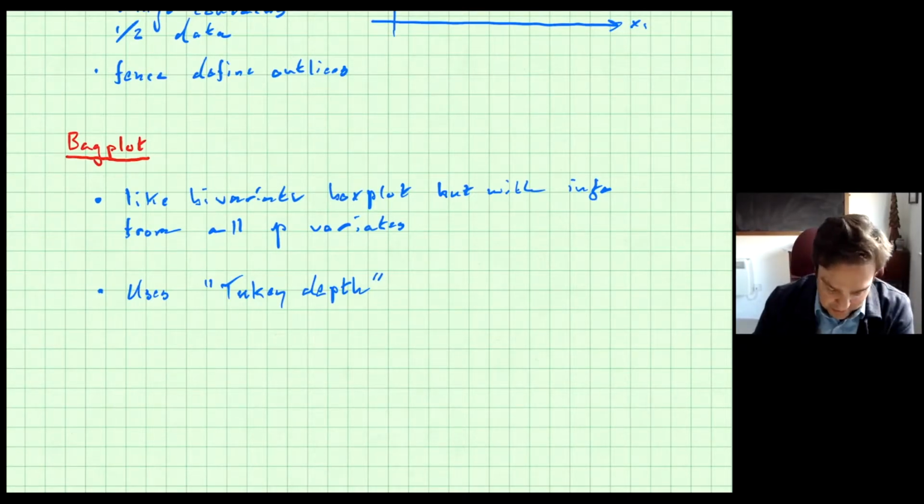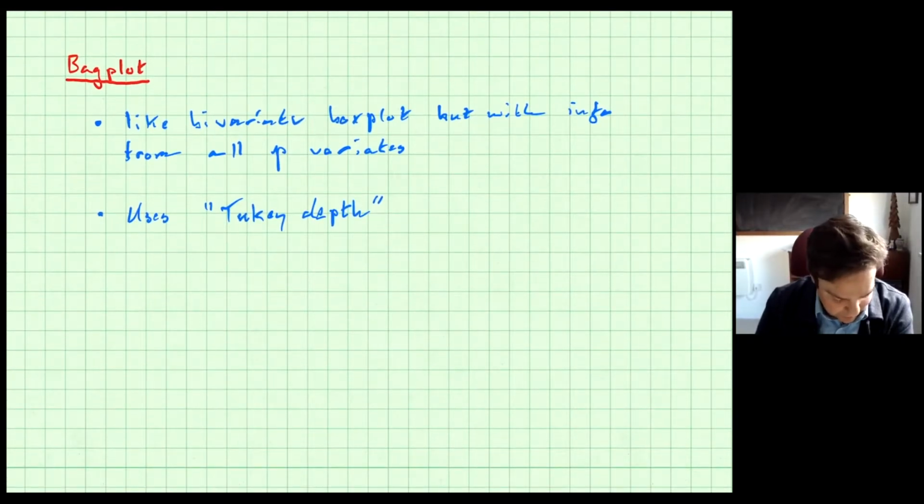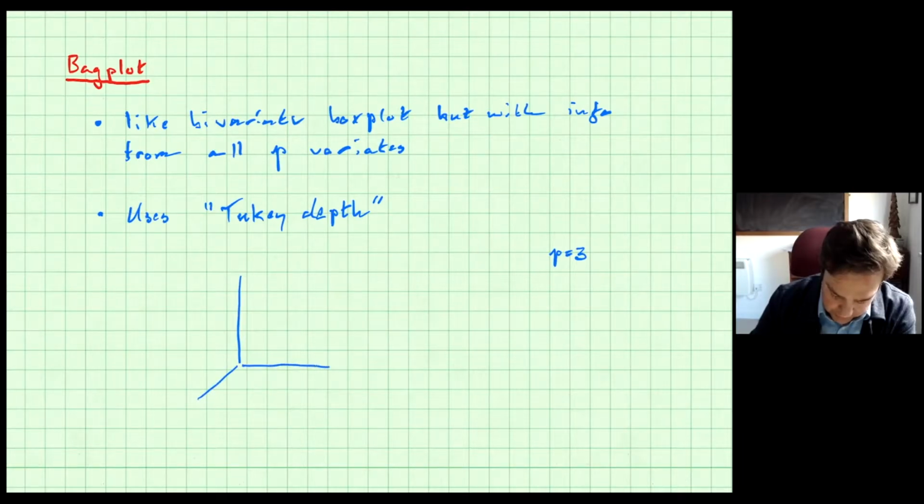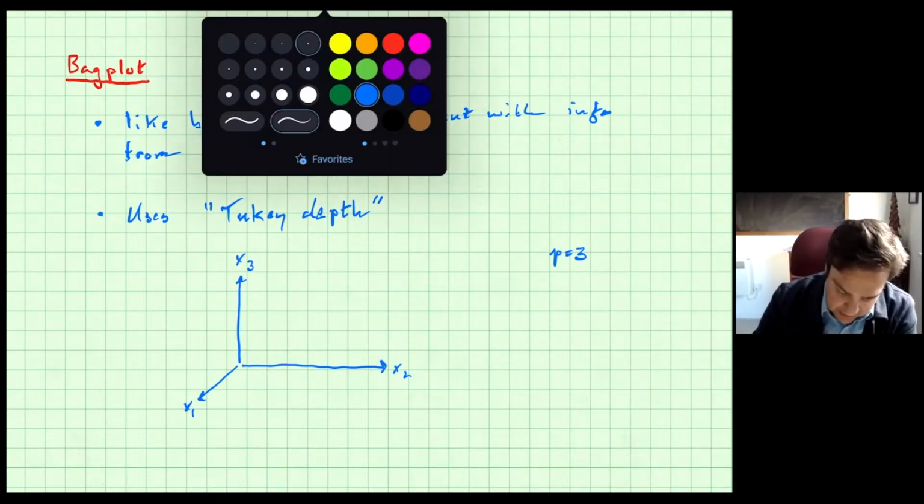Tukey depth is, to me, a little bit of a funny concept, and it looks like this. Let's suppose, for example, that p is just equal to 3, which is a simple case, so we just have 3 variates. Let's draw the different axes for the variates here. I'll sketch where the data is.